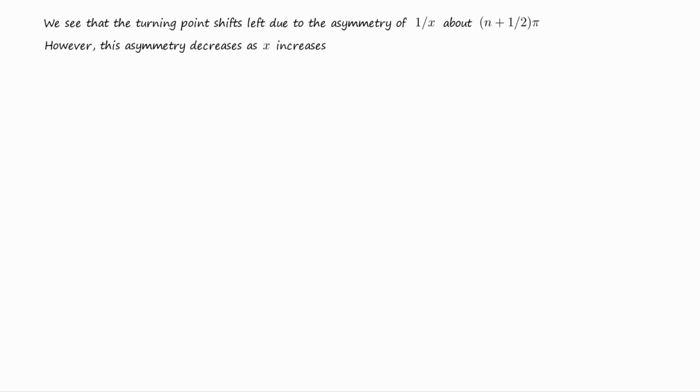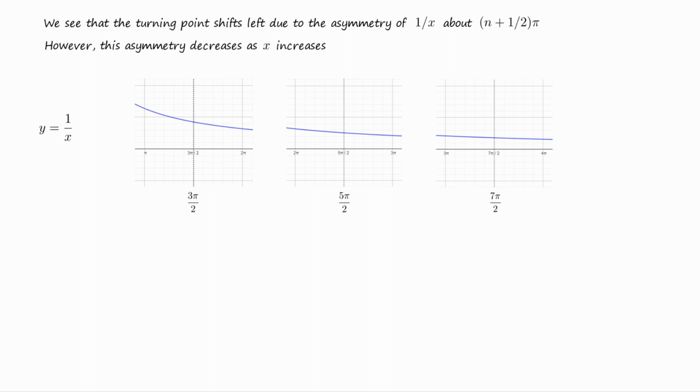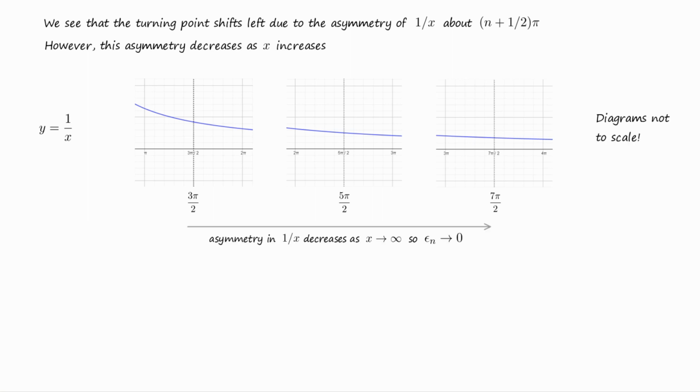But this asymmetry decreases as x increases, as we can see if we look at the graphs of 1 over x near the first 3 turning points of sine x. And since the asymmetry in 1 over x decreases as x tends to infinity, we expect epsilon sub n to tend to 0 as x tends to infinity.